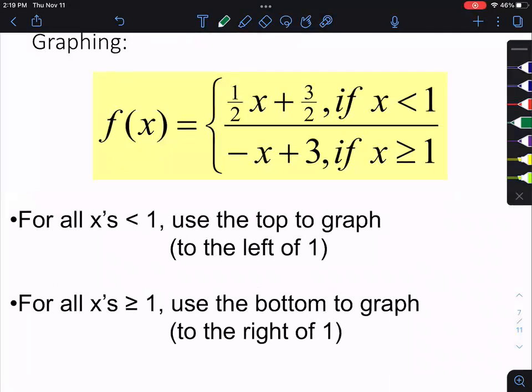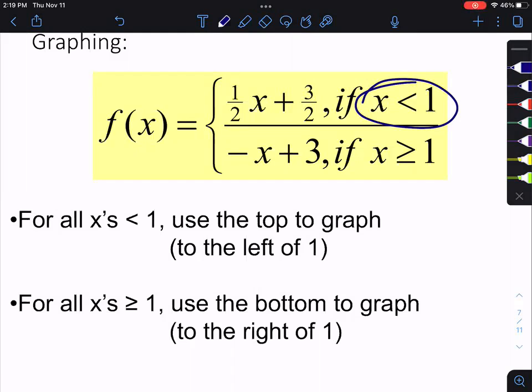When it comes to graphing, when we graph these, we need to first of all look at the constraints. So for this top constraint, any x value that's less than 1. So that top piece, in order to graph that, we have to pick x values that are to the left of 1.